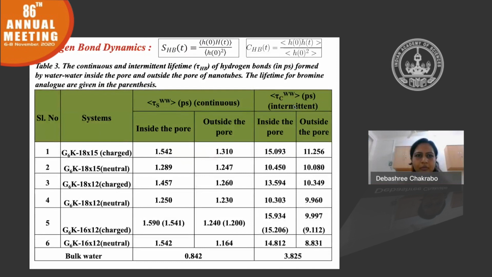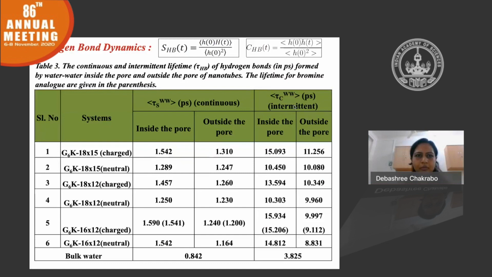So when a water molecule tries to make a bond with another water molecule, it will try to find that neighbor. Inside the pore you have fewer water molecules, so the water molecule takes more time to find the nearest neighbor, so it will break the bond after a long time. That's how your hydrogen bond lifetime increases.